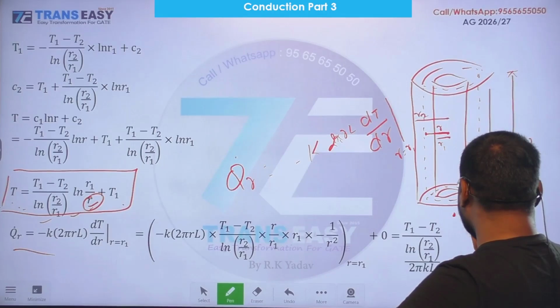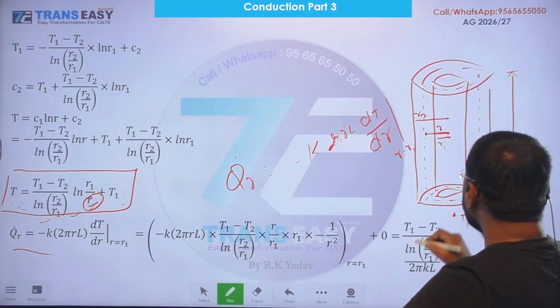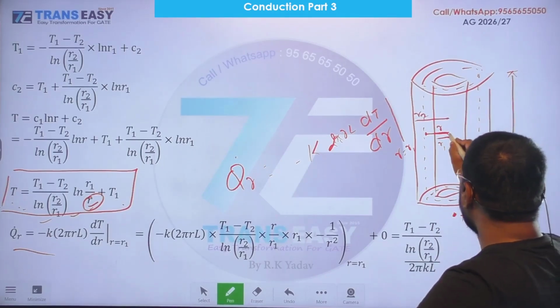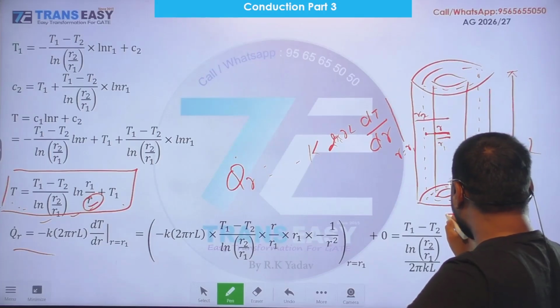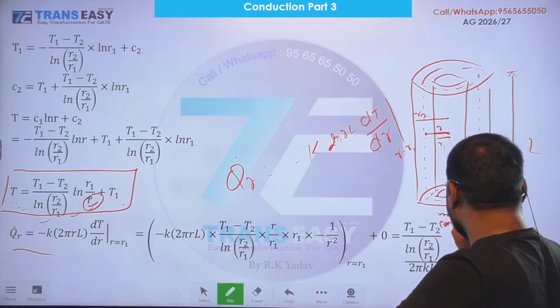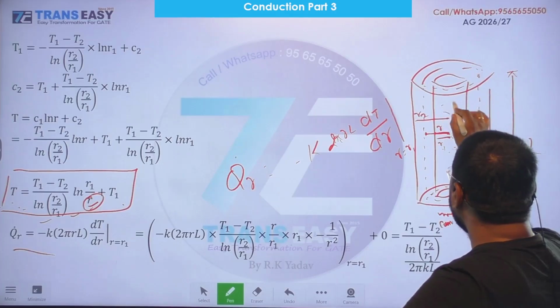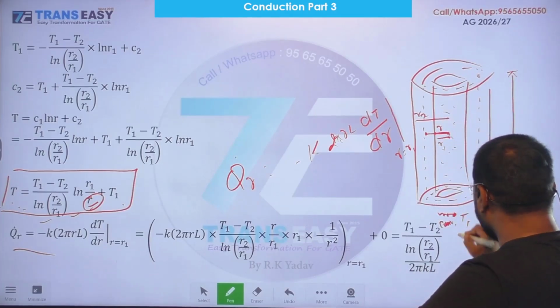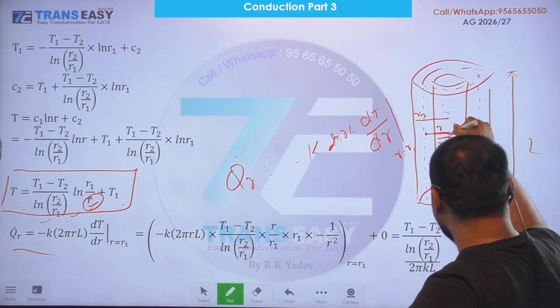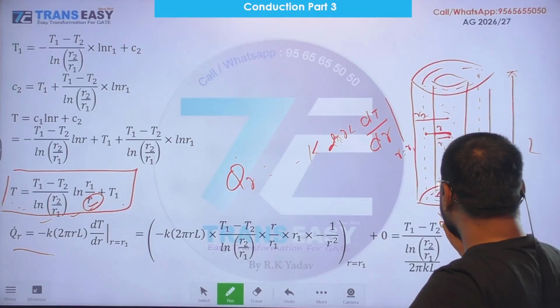Suppose this is the temperature T1. Right. From this to this we have convective mode of heat transfer, because if liquid or fluid is filled inside, it is convective from center to inner surface.